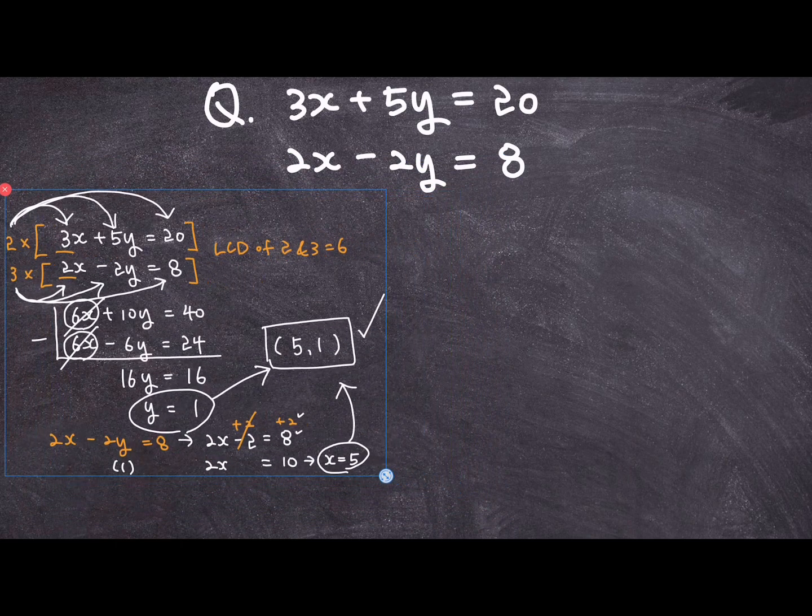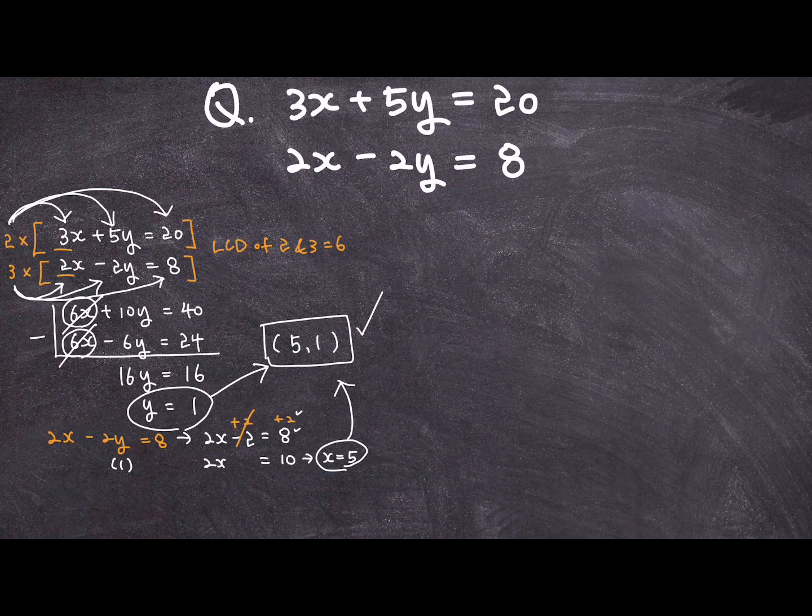Let me put that aside and let me show you how I would go about if I chose to eliminate y instead of x. I can solve it without any problem. So, if I choose to eliminate y, I need to figure out the LCD of 5 and 2.